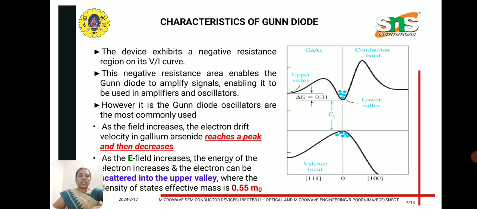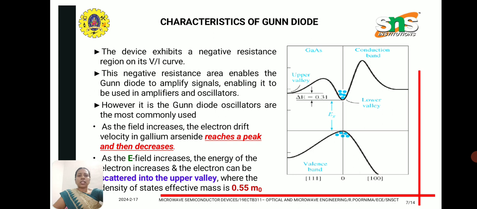Here the device exhibits negative resistance on its VI curve. The reason can be understood from the energy band structure, where the valence band and conduction band are present. In gallium arsenide there is a lower valley and an upper valley in the conduction band. When we apply a voltage at a particular threshold, as the electric field increases, the electron drift velocity in gallium arsenide reaches a peak value and then decreases.